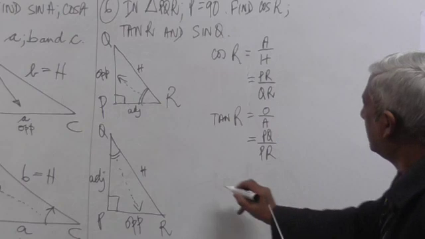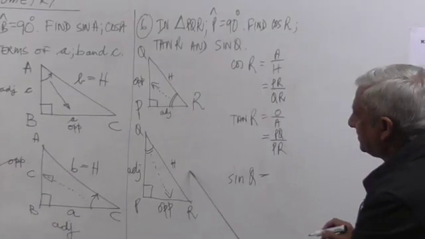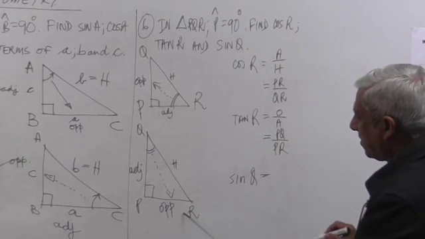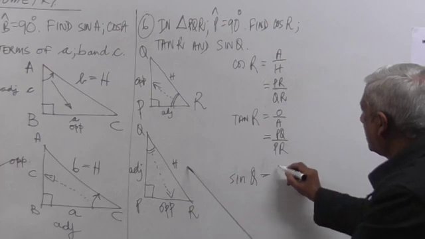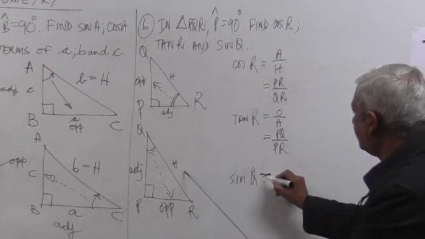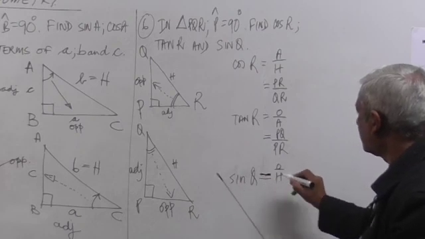Now sine Q. For sine Q, you'll have to look in this diagram. We are looking from there. So this is the opposite side. That's the adjacent side. That's the hypotenuse. Sine of Q is equal to opposite over hypotenuse.